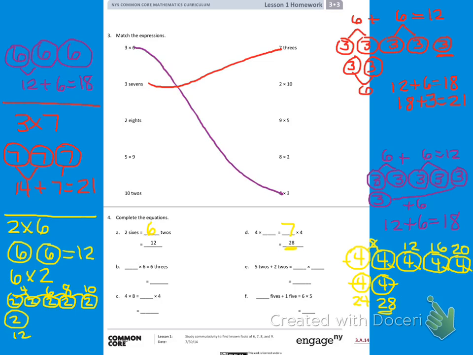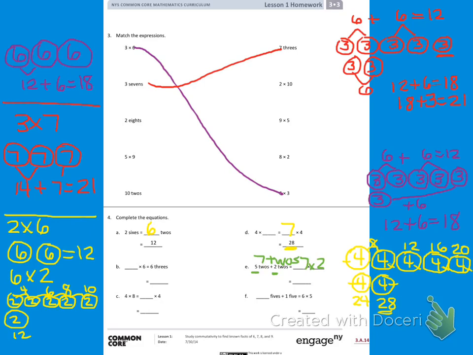5 2s plus 2 2s. Well, 5 plus 2 is 7. So that means we have 7 2s. 7 2s is the same thing as 7 groups of 2.